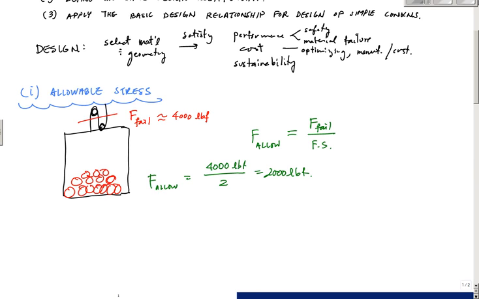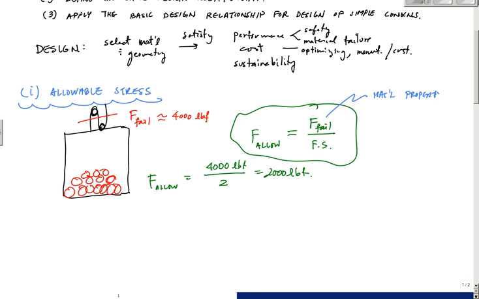Now, failure can be defined as snapping of the cables, yielding of the cables, a mechanical malfunction. Who knows, right? All kinds of things. But here in mechanics of materials, we're going to relate that to some sort of material failure. So when we relate it to material failure, this F fail relation, this failure condition is like a material property that we're going to have in mechanics of materials.